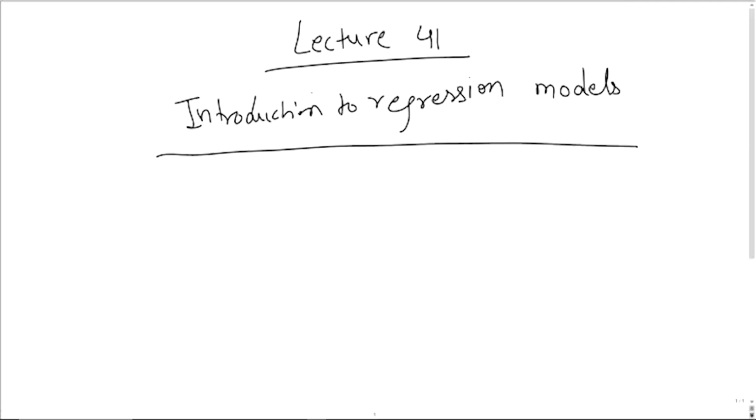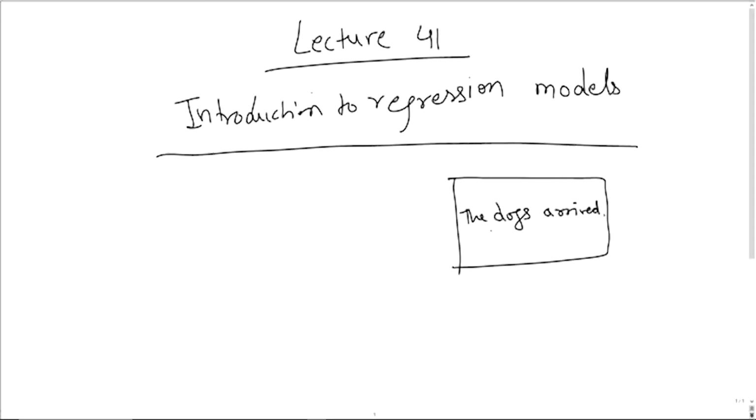Suppose you are doing an experiment where the task of the participant is to read a sentence on the screen. So let's say, the dogs arrived, something like that. So there is some sentence on a screen. Participants have to read this sentence and they have to judge whether it's an acceptable sentence in English or not.